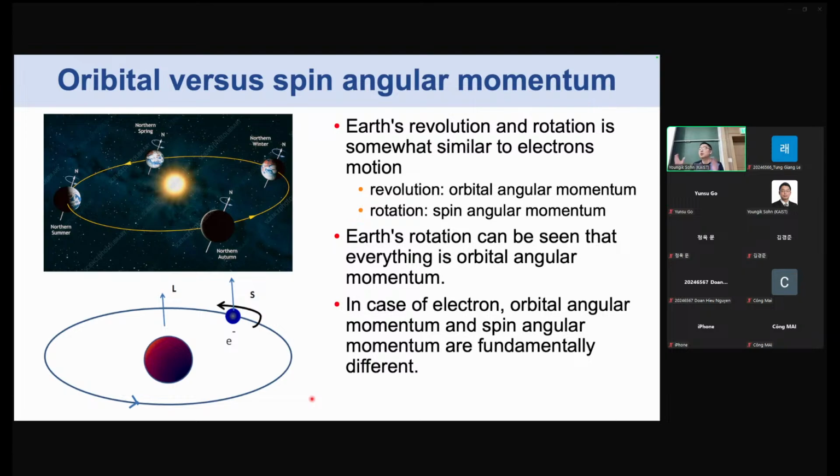It has nothing to do with spatial behavior. So you can say it's fundamentally different: orbital angular momentum and the spin of the electron are two different things. But in the end, you will learn they both produce a magnetic field, okay? And then there is a rule for combining them. They both contribute, okay? There are two mechanisms for the electron producing a B field.